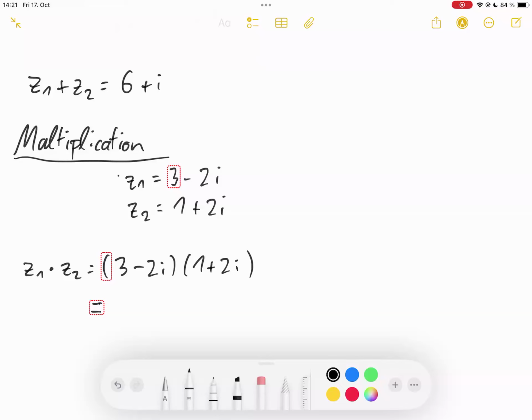I'll wait for your suggestions in the chat on what the product of these two complex numbers could be.